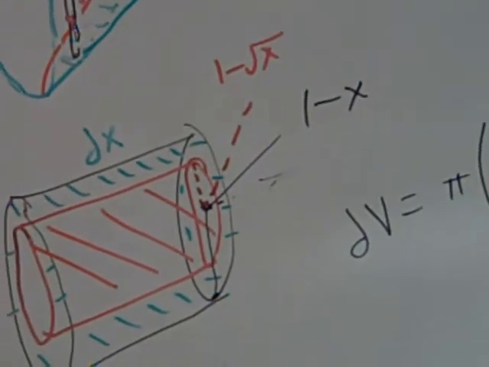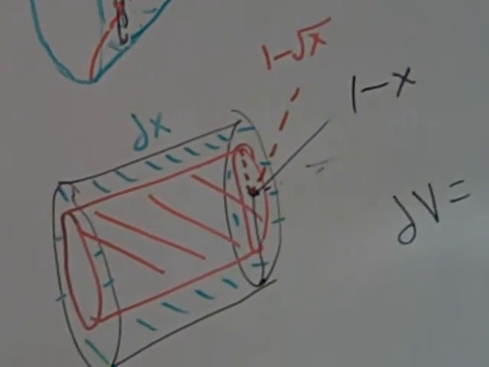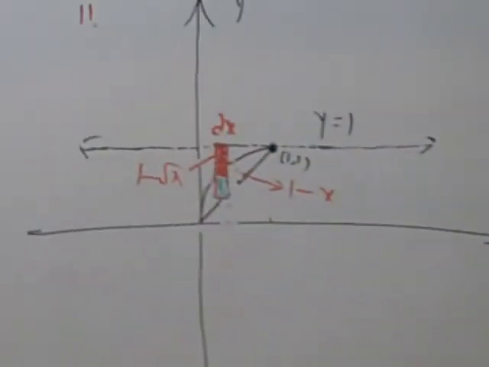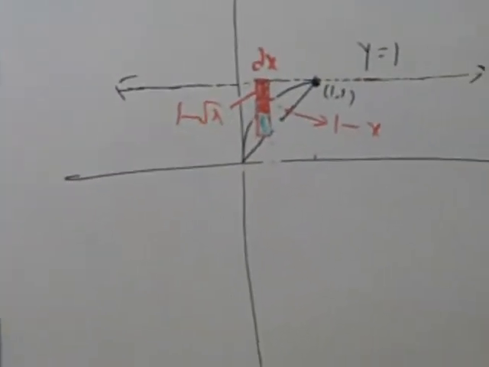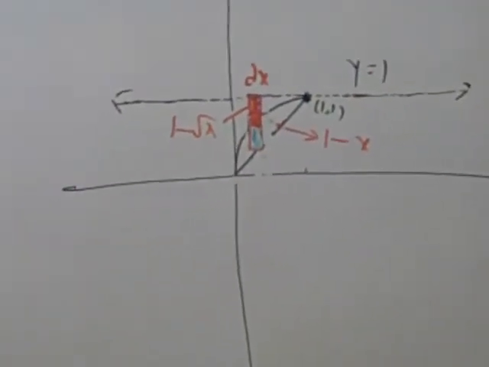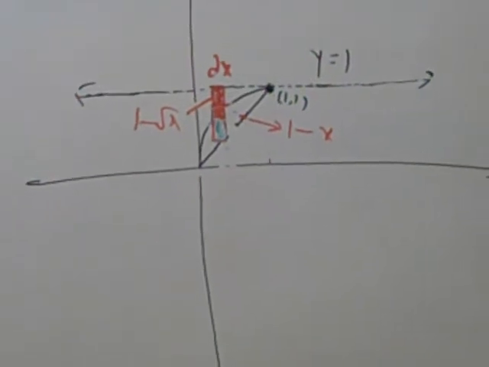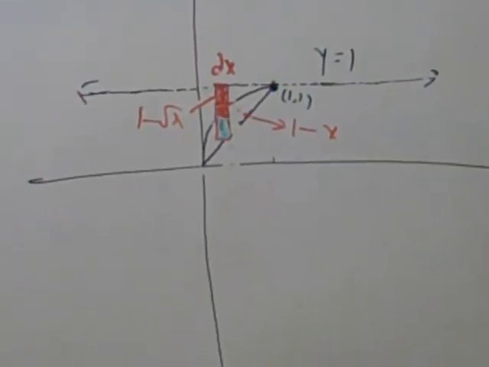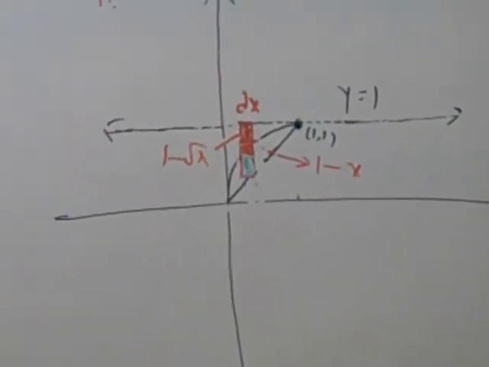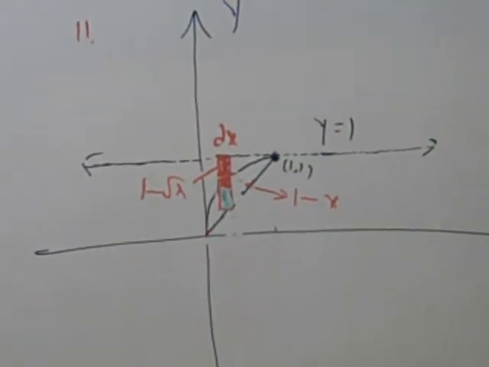So 1 minus x is greater than 1 minus rad x. The reason is that 1 minus x goes further down, and since we're rotating in the upward direction, it's going to sweep across more room, intuitively speaking.